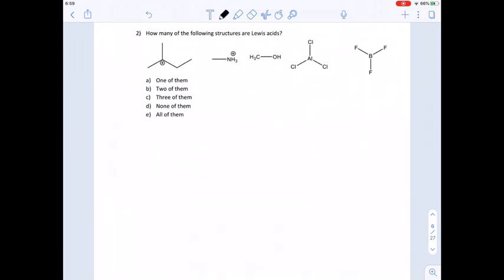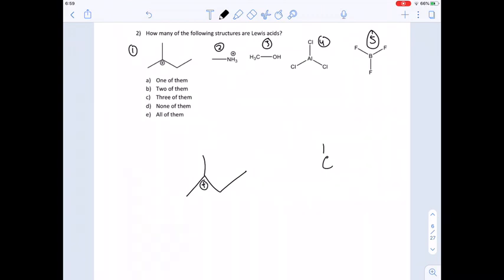So let's go ahead and look at the compounds that we have. I'm going to erase this definition. Okay, so I'll number these: 1, 2, 3, 4, 5.